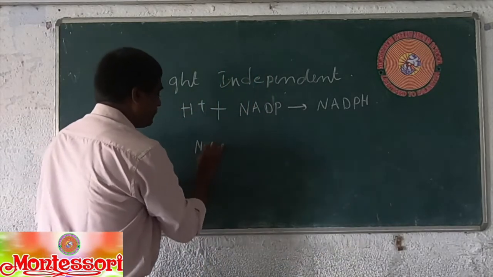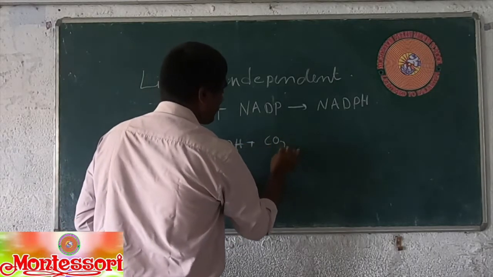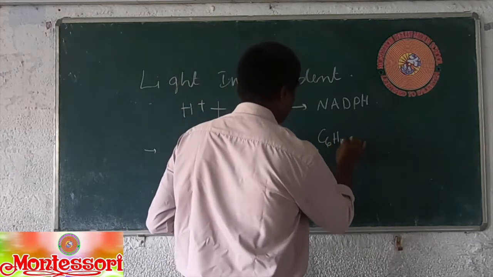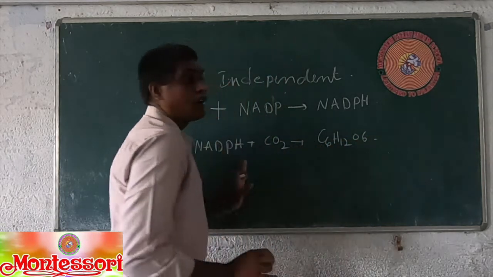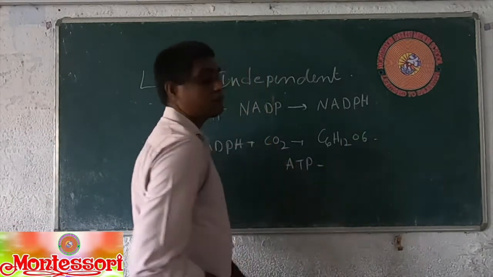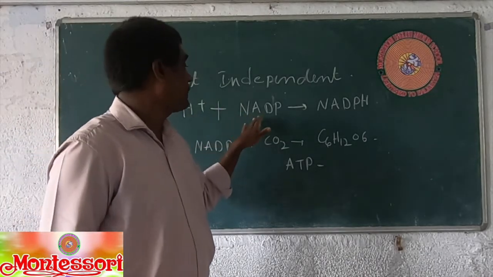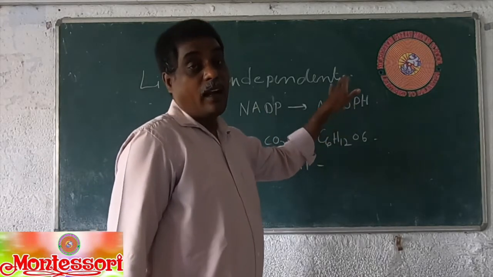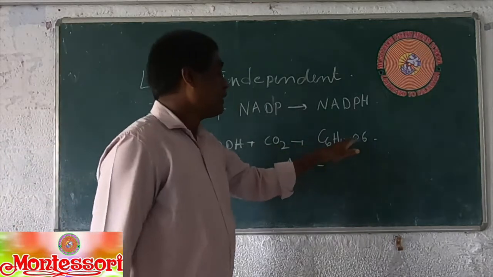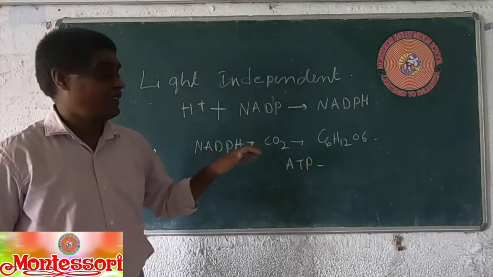This NADPH fuses with carbon dioxide and forms glucose by using ATP as energy. So in these light independent reactions, H plus ions unite with NADP and form NADPH, and this NADPH combines with carbon dioxide and forms glucose molecules, and for this reaction they utilize ATP as energy.